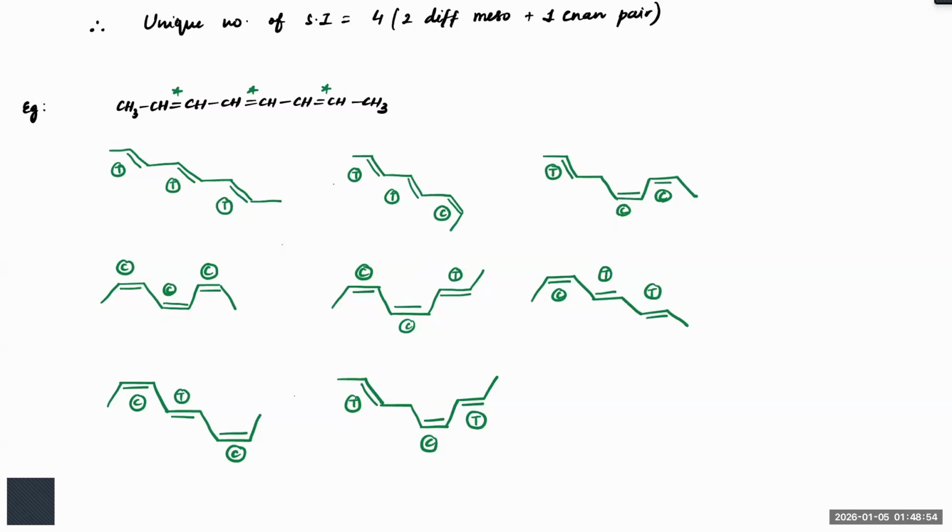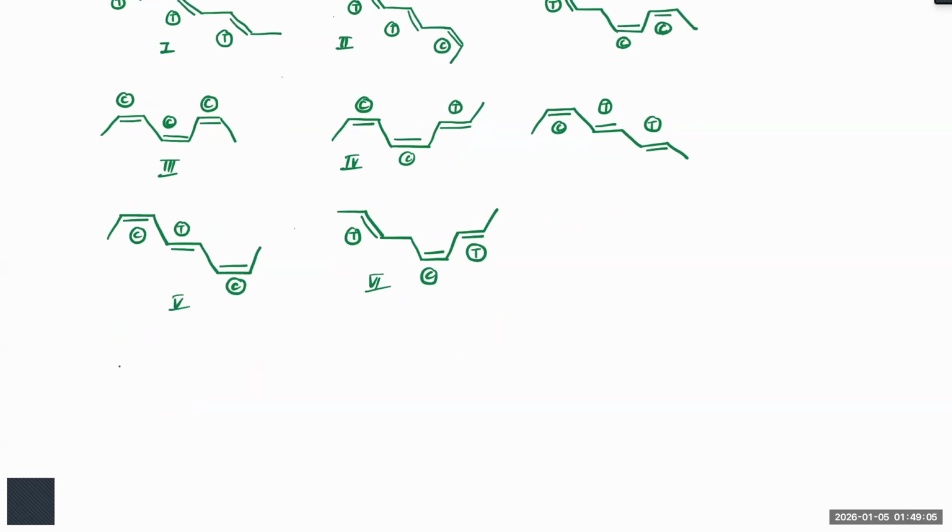So here you can see 1, 2, 3, 4, 5, and 6. So these six, 1 to 6, are non-superimposable possible geometrical isomers.